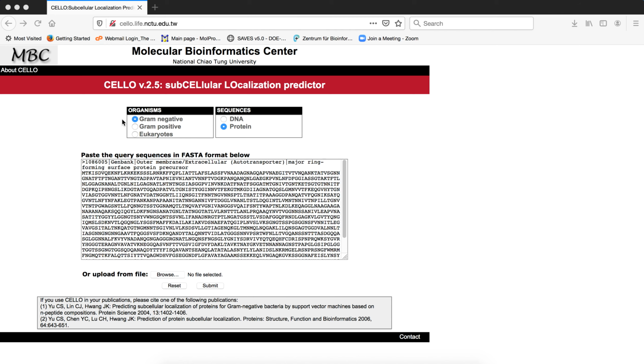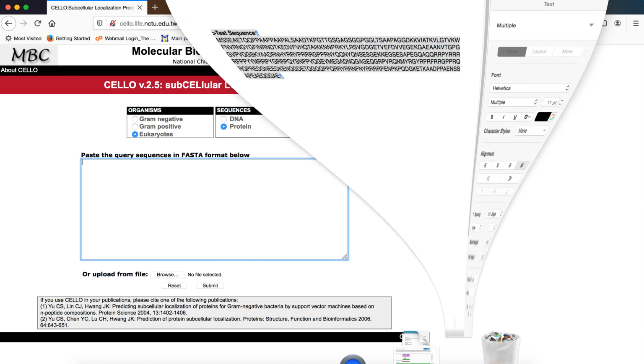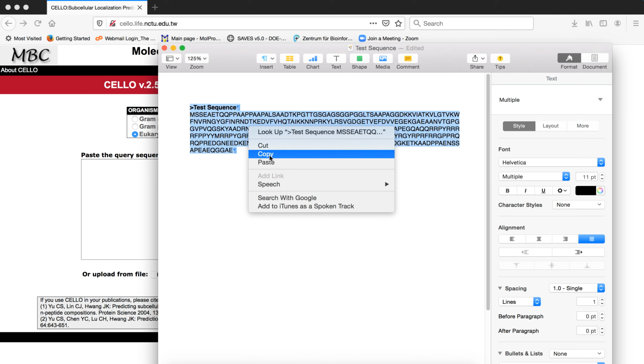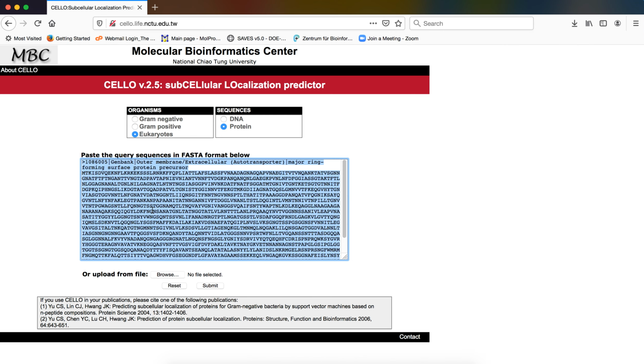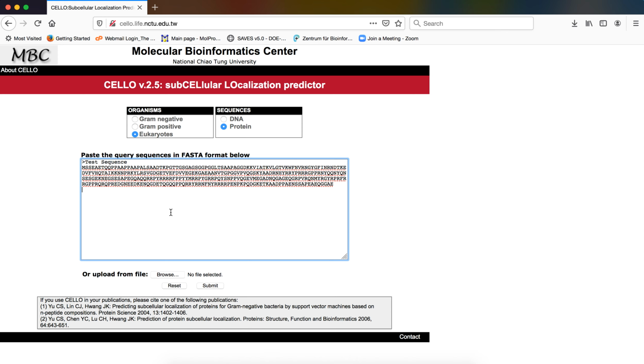So here what we will do is we will choose the organism set as eukaryotes, and we will reset the sequence, and we will paste our test sequence over here. So our test sequence is pasted, and then we can click on submit.